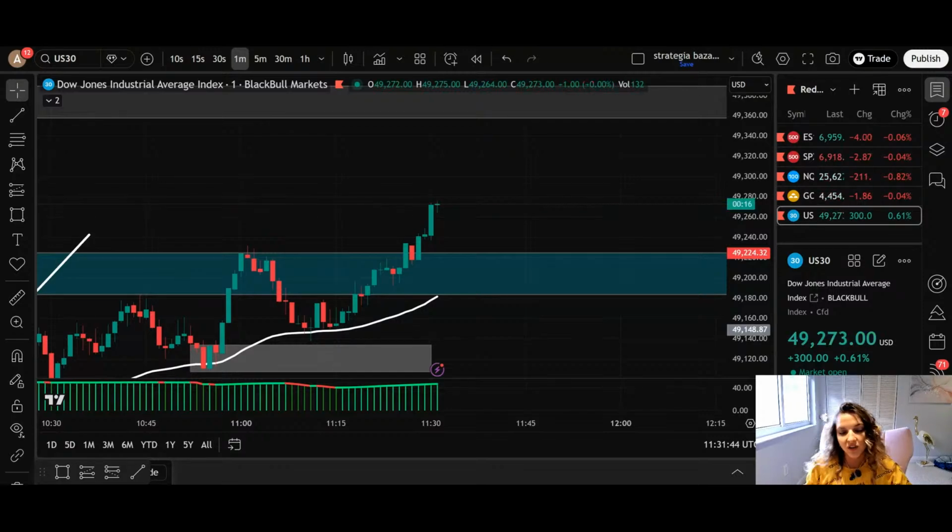I'm waiting for the retest. Let's wait for the retest.